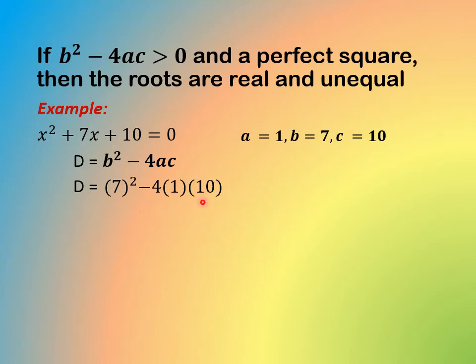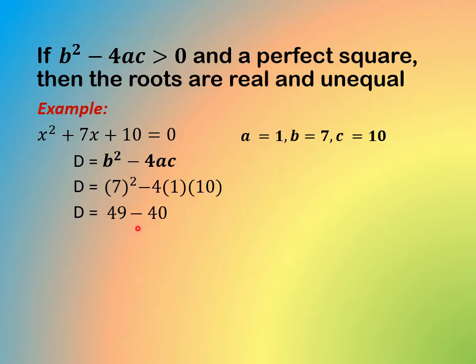Okay. So, let's evaluate now. So, 7 squared meaning 7 times 7. So, 7 times 7, that is equal to 49. Okay? Minus 4 times 1. Okay, correct. That's 4 times 10. That is equal to 40. So, we have 49 minus 40.